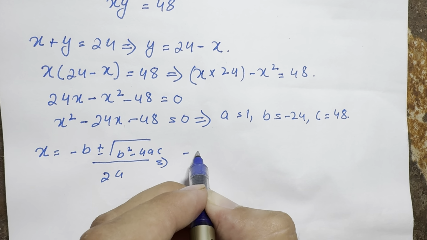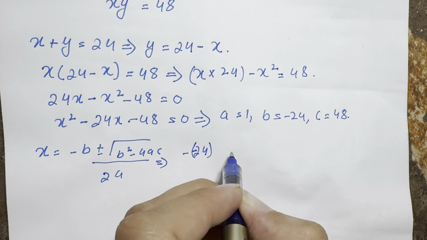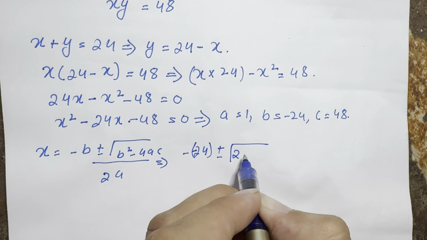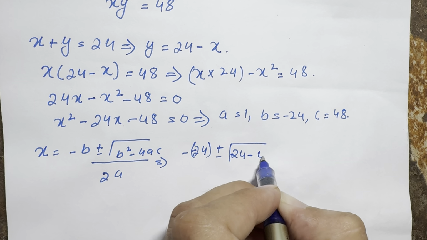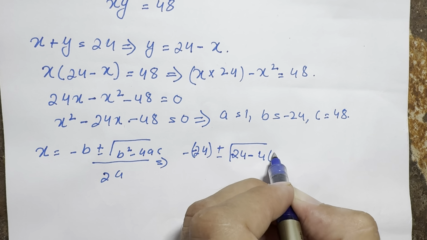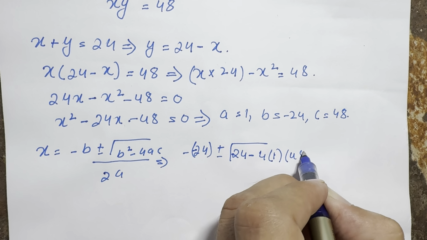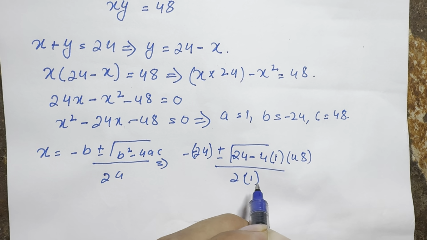So negative of negative 24, okay, plus minus square root of negative 24 whole square, minus 4 into a which is 1, and c is 48, okay, divided by 2 into a, 1.